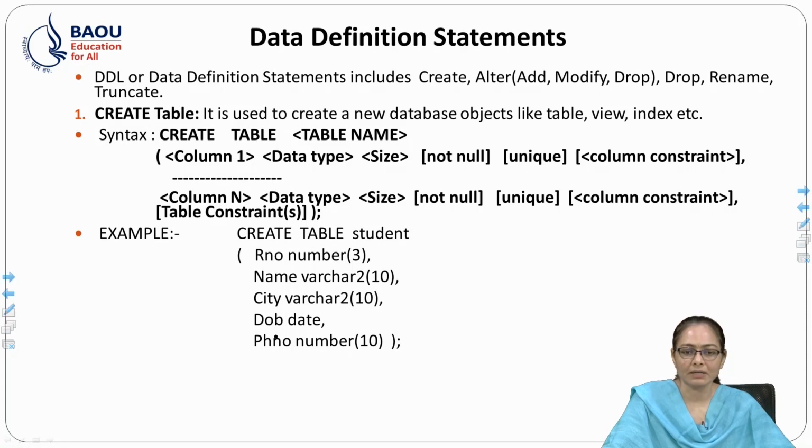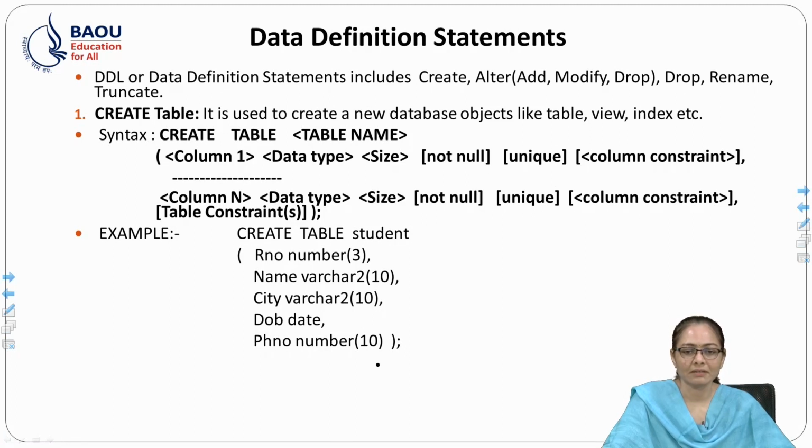Now DOB is the date of birth column, and it is used to store date type data. So the data type is date. Now the phone number column is used to store numeric data. So the data type of phone number is number, and in the bracket, 10 is the size of the phone number.